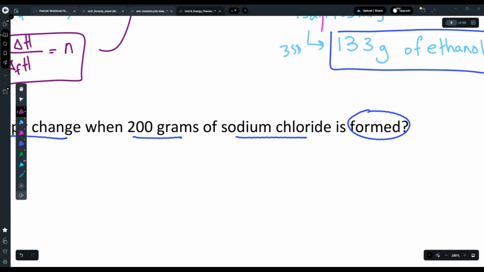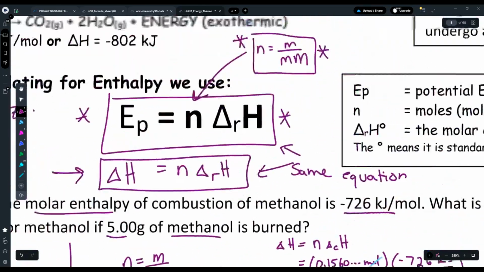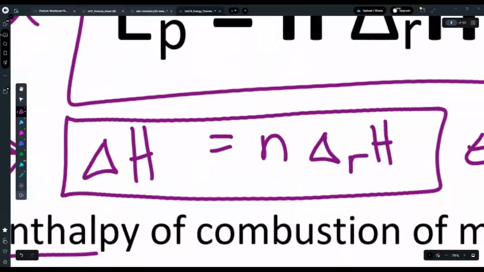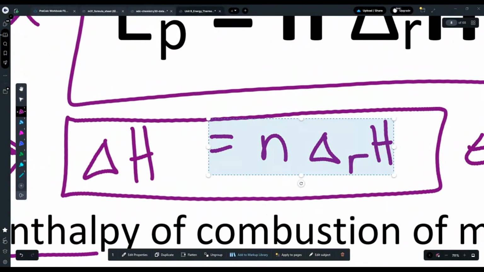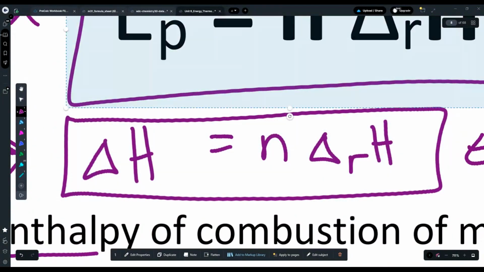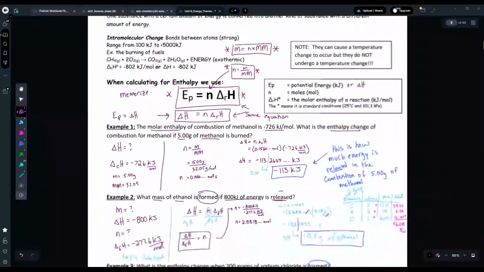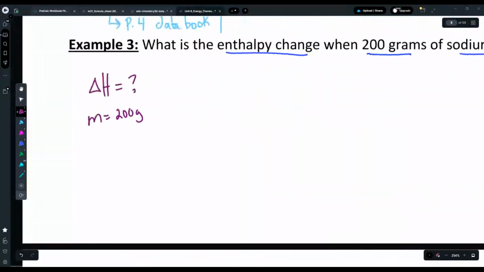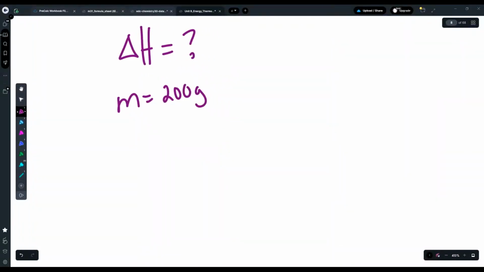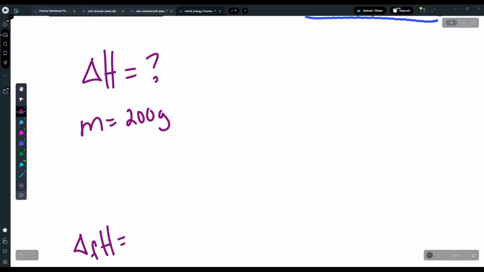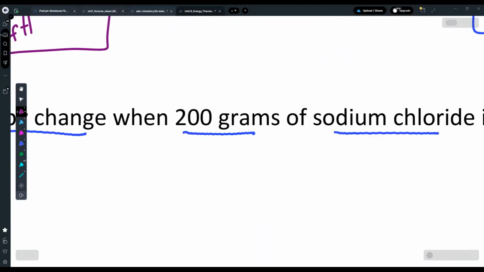And then it says that sodium chloride is formed. So I know from here I'm going to need molar enthalpy of formation, and we can find that out from our data booklet. So I'm going to put it down here. Molar enthalpy of formation, so that was of sodium chloride.